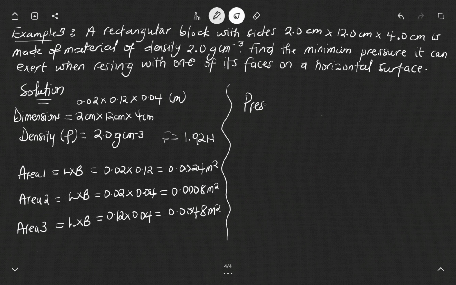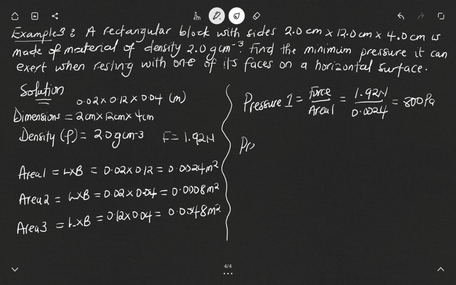So let's calculate pressure 1, which is equal to force on area 1, and the force we calculated earlier was 1.92 newtons on area 1, which is 0.0024, and if we punch that into our calculator, we are going to get 800 Pascal as our answer.